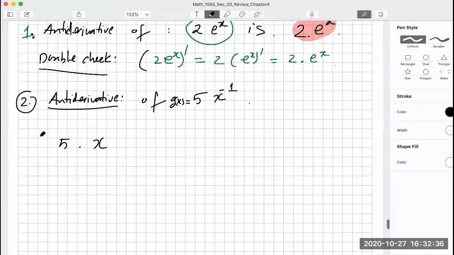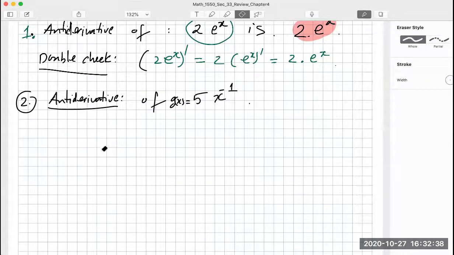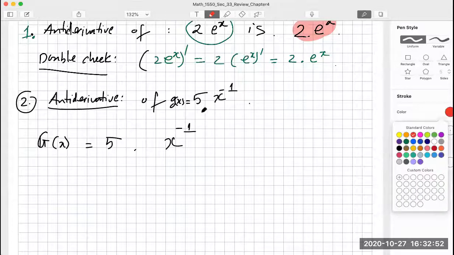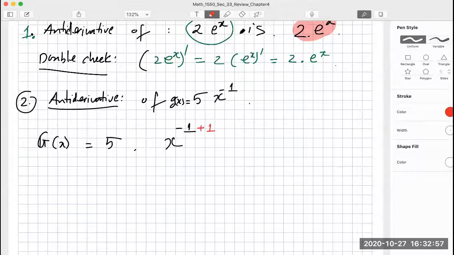Then, as I mentioned in class, we cannot do it this way. Normally, for the antiderivative of a power function, we add 1 to the power, and then divide by this new power, plus the constant.